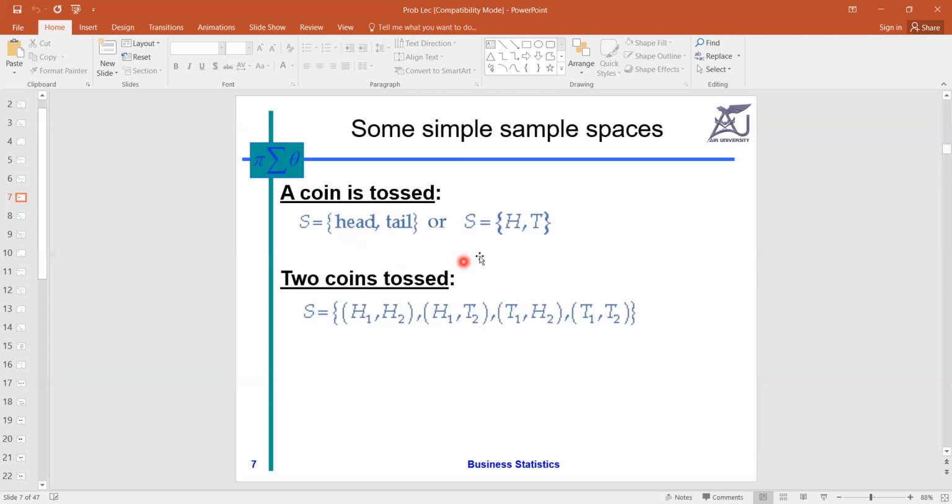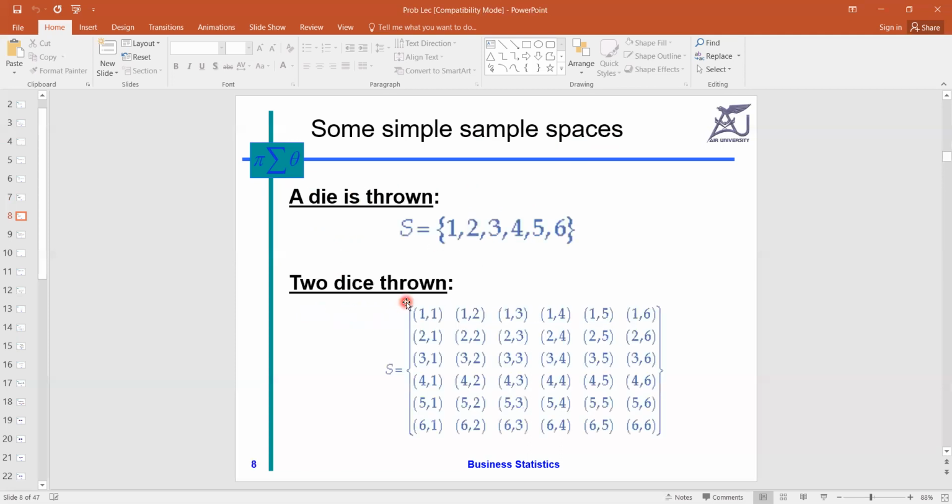Whenever we write with the notation S and close the elements in curly braces, we can say this is the sample space, statistically. Because now we assign the notations and write it in an easy manner. So we can say this is the sample space of coin tossing experiment once and coin tossing experiment twice.